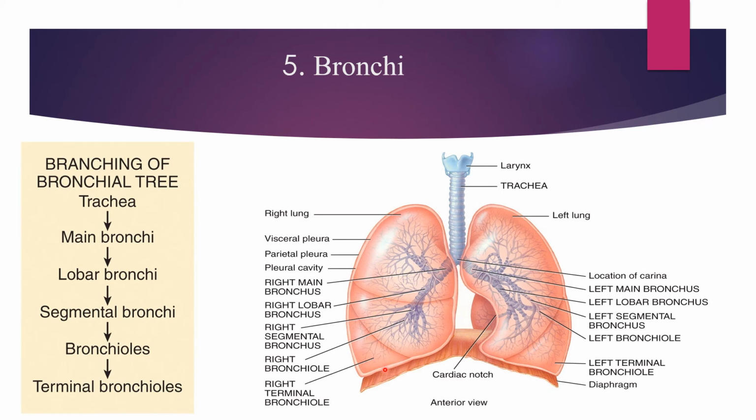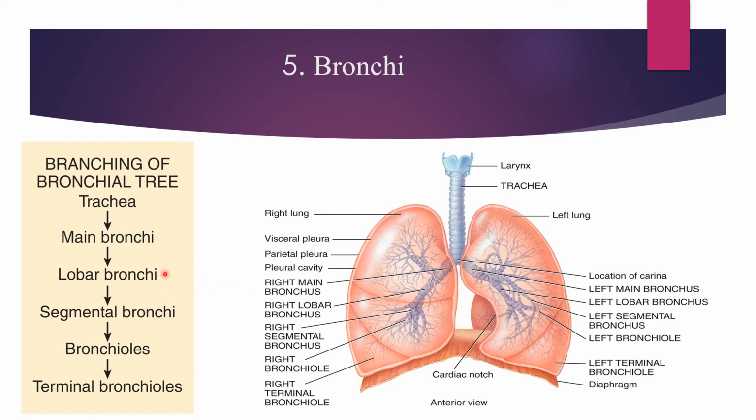So you can see here the bronchi. Once the air reaches from the nose, first it goes to the pharynx, then larynx, then trachea, and then from the trachea the air is transferred into the main bronchus. You can see here in the diagram, this is the main bronchus.